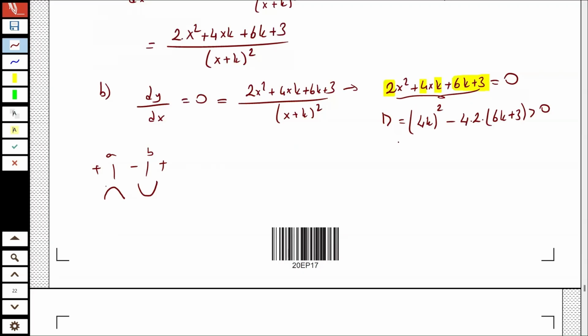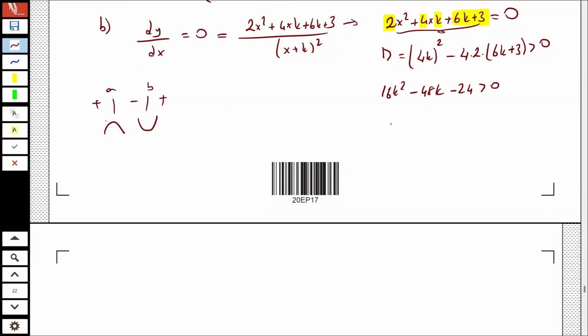So what's this? 16k² − 48k − 24 greater than 0. We can divide it by 8.